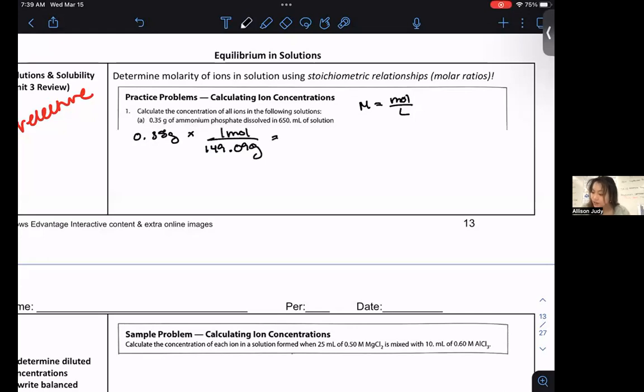And so that gives me the amount in moles of my solute ammonium phosphate. So let's see, I'll do the math really quickly through my little phone calculator, divided by 149.09.